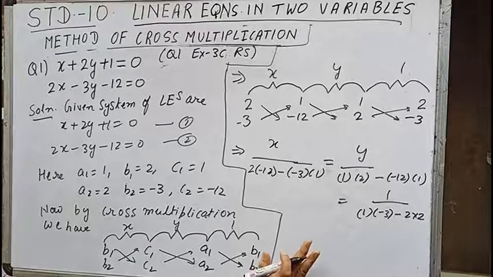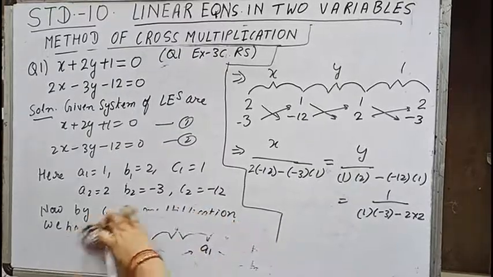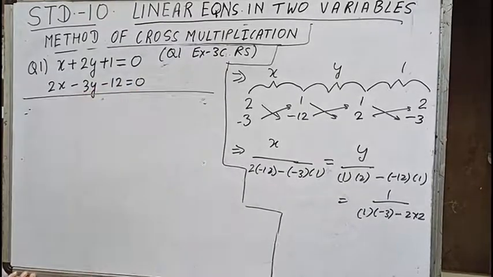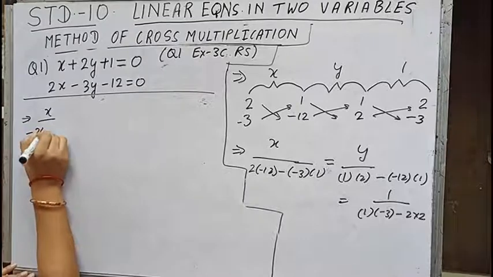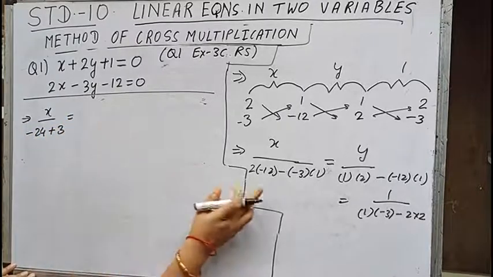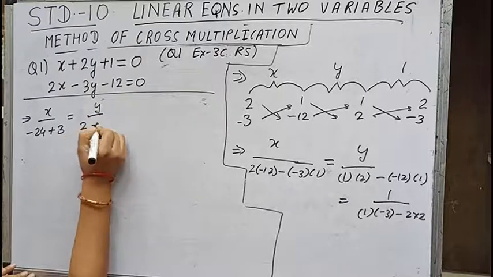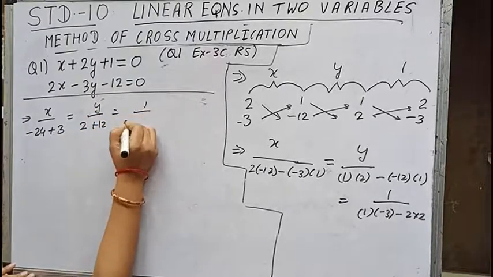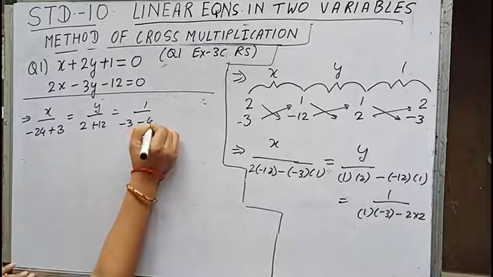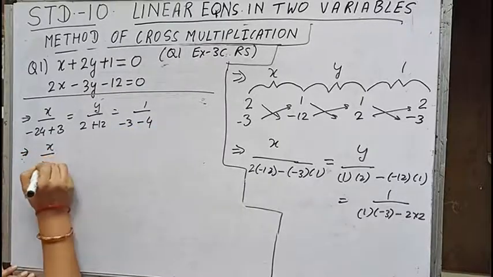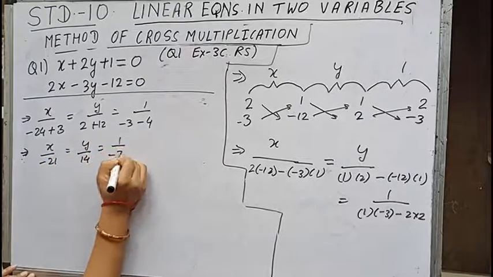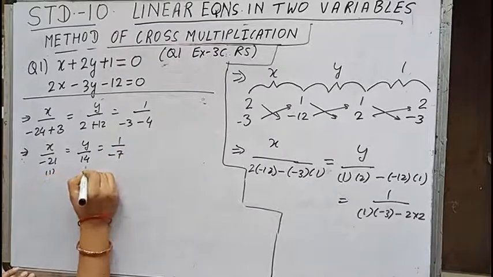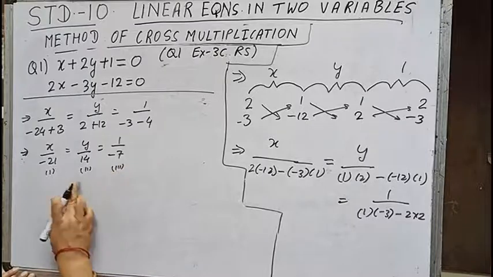Children, I am explaining each and everything in detail for the first question. So pay attention. So this implies x divided by minus of 24 plus of 3 equals to y divided by 2 plus of 12 equals to 1 divided by minus 3 minus of 4. This implies x divided by minus of 21 equals to y divided by 14 equals to 1 divided by minus of 7. Make it 1, 2 and 3 in Romans over here.